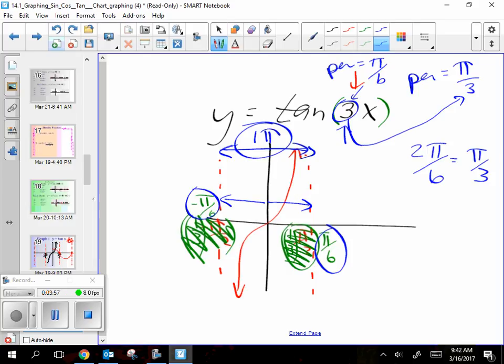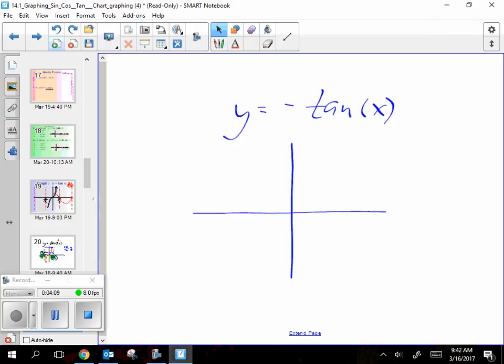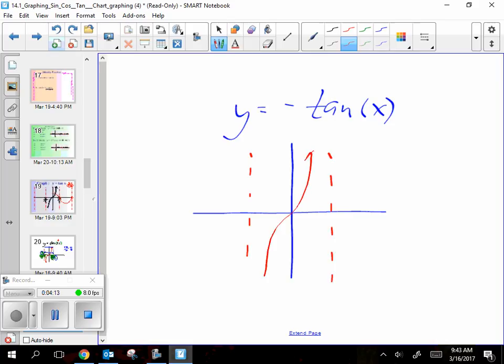Okay, so what if you wanted to take your tangent and not just change the numbering there, but maybe you have tangent with a negative in front of it. Standard tangent graph. And now I'm going to take this negative, and it's going to flip it this way.